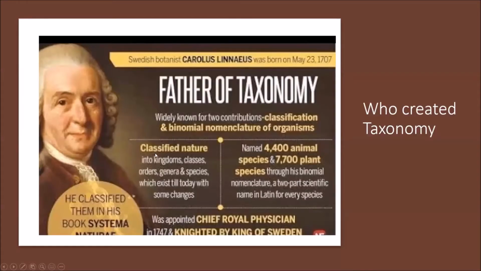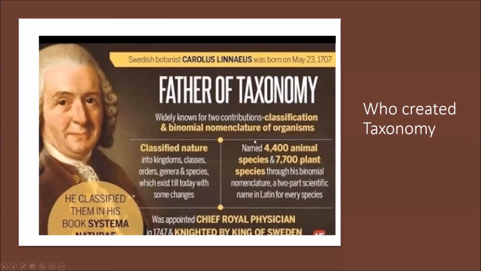Okay, so the person who is responsible for creating this system, or creating taxonomy, is Carl Linnaeus. So he came up with these seven levels of classification, and he was also responsible for naming over 4,000 animals and 7,000 plants.